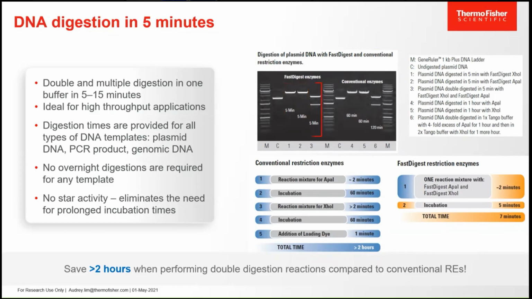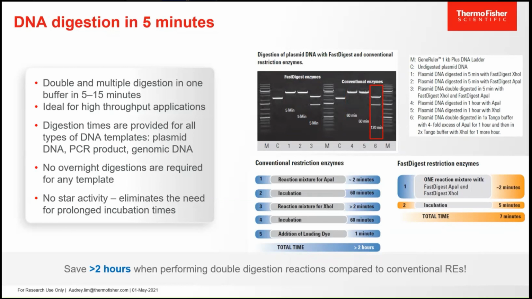When you combine them for double digestion, the total digestion time is also only 5 minutes. In contrast, conventional restriction enzymes take 60 minutes for a single digest, and for double digestion it doubles the time, which actually needs 120 minutes here.